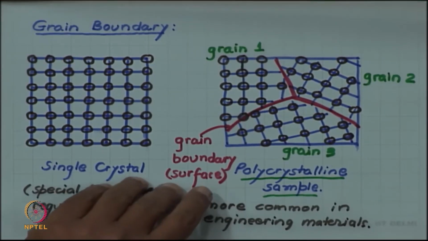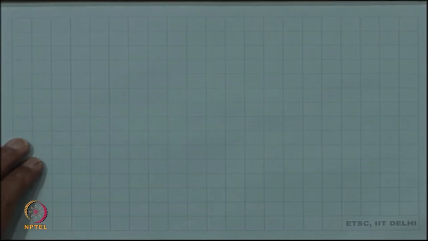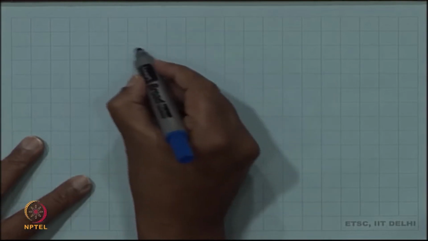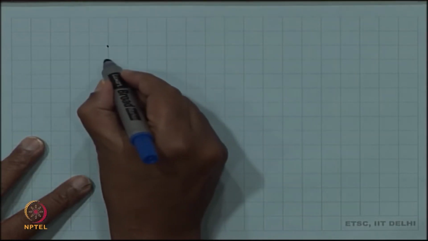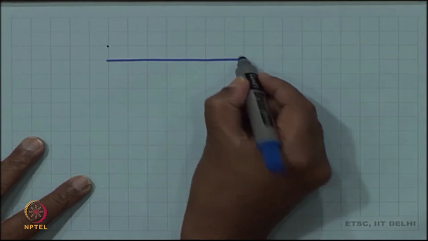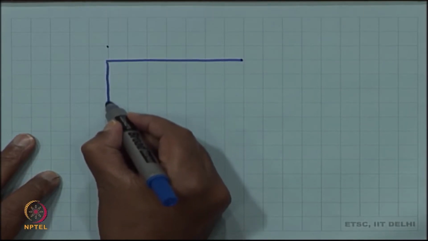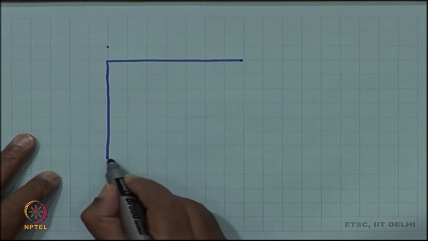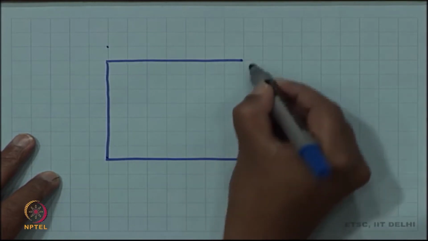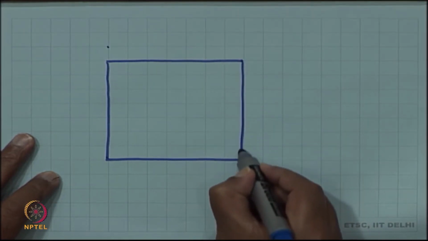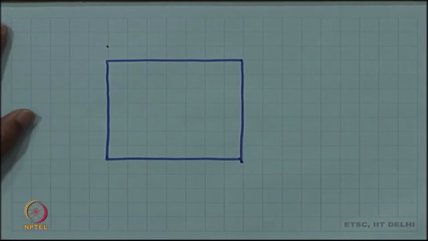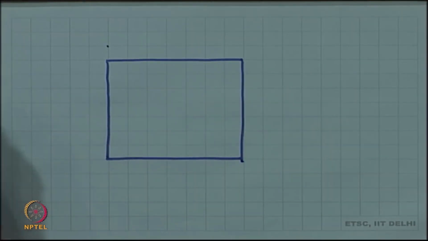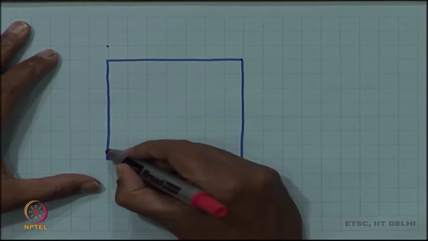Now, if we look at this and try to relate it to the dislocation, we can see that a dislocation line cannot cross a grain boundary. So, let me again draw a grain boundary.